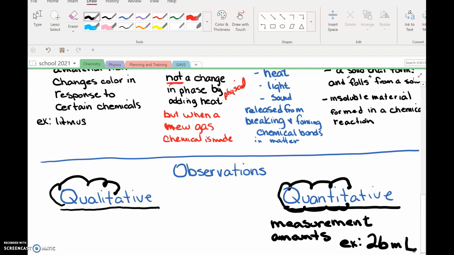For the qualitative, these are the general qualities that you associate: color, texture, phase.